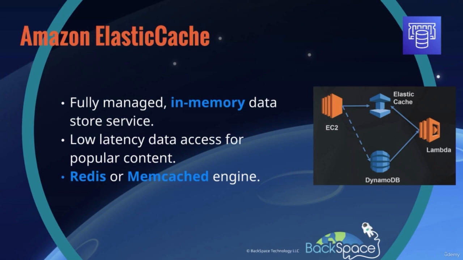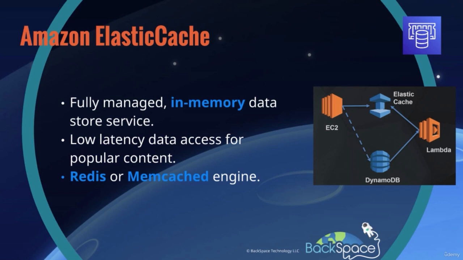So looking there on the right hand side, we've got a diagram with an application running on EC2. And so it wants to get access to its regularly used content quite quickly. So its first request is going to be to Elasticache. Now, if that data that it wants is not located in the Elasticache cache, then it will look for it in DynamoDB, which is the master database there.